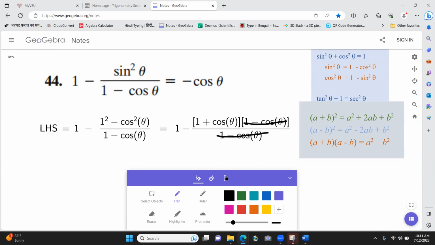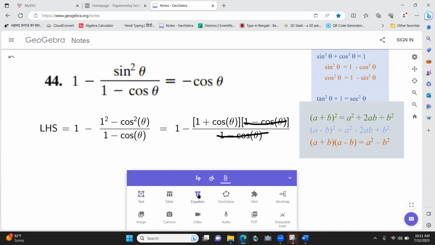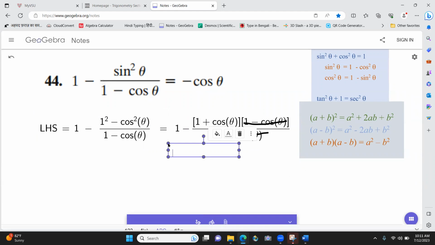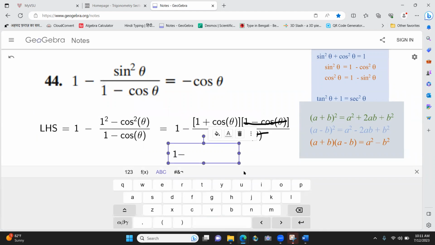So what am I left with? I am left with 1 minus 1 plus cosine theta. Now, when you remove the parentheses, this minus will make this minus 1, and minus 1 and 1 will be gone. And this minus and this plus will make this negative cosine theta.